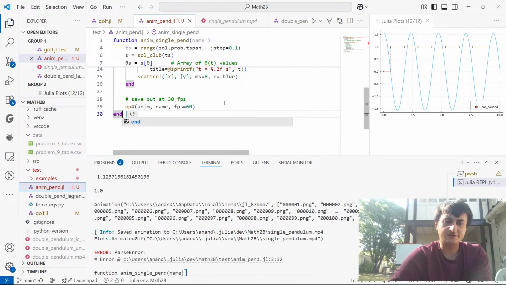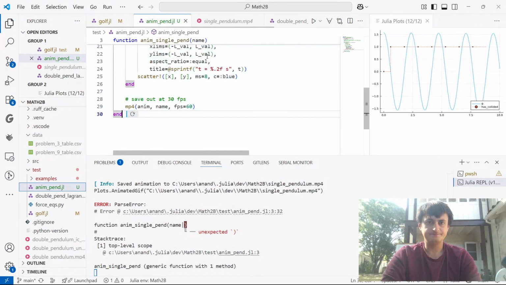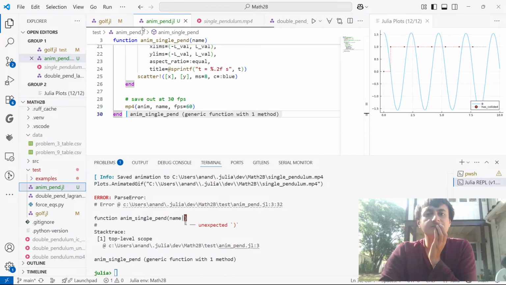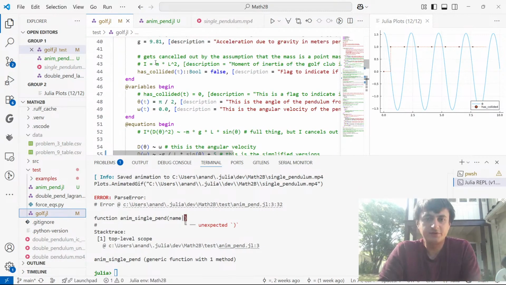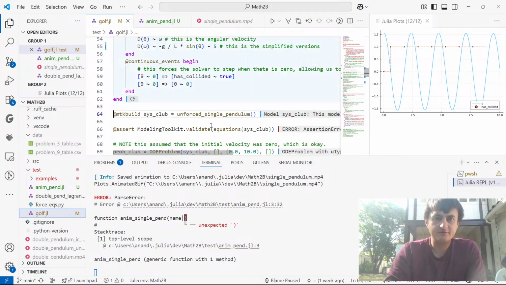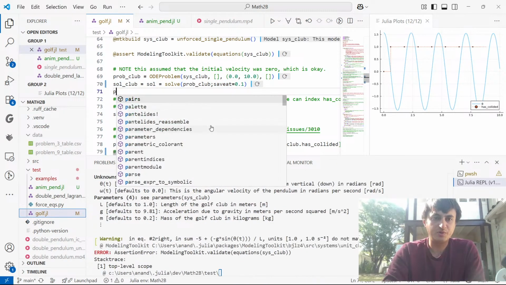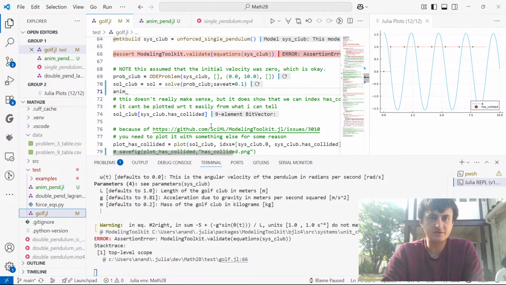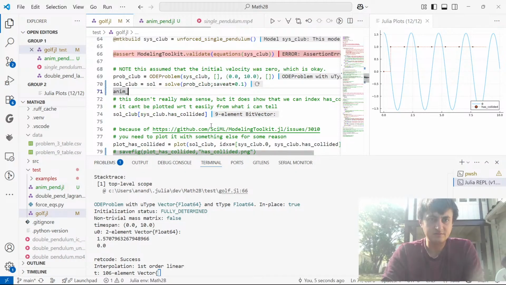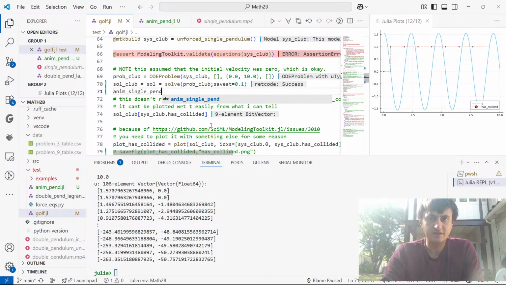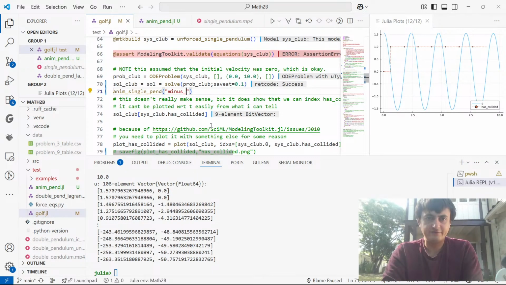Okay, so we have this function. Okay, and so what we want to do is we want to now subtract 5. Do this, then we want to do the plot anim, what is it called? Anim single, and did something happen? Oh, okay, no. Minus 5.